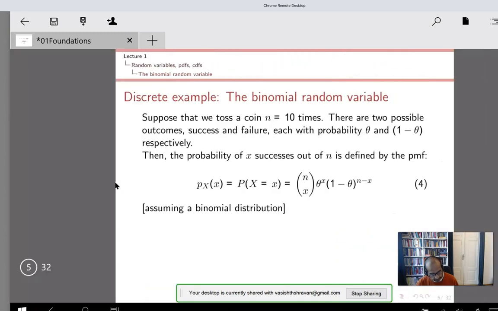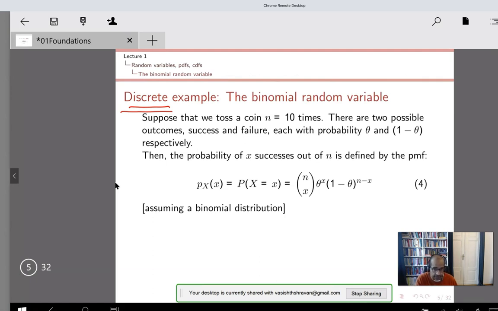Okay, so to now give you another simple example of a discrete random variable, I want you to think about this very commonly used example in data analysis. In psycholinguistics, we'll encounter this a lot in our real data sets: the binomial random variable.